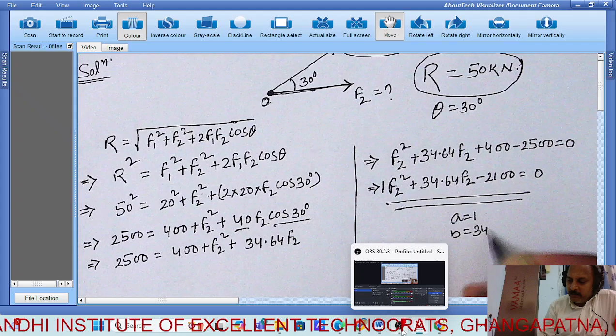We are going to take the positive value, which will be your answer. So x is nothing but the value of F2, which we got as 31.67, rounded off. So the value of F2 is 31.67 kilonewton. This is your answer, and this is how you solve this particular problem. Thank you.